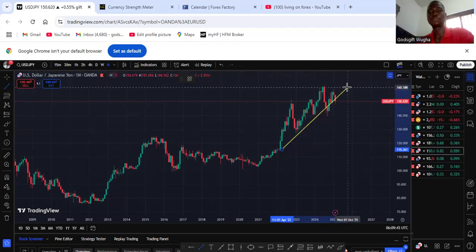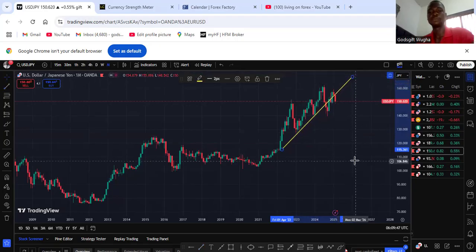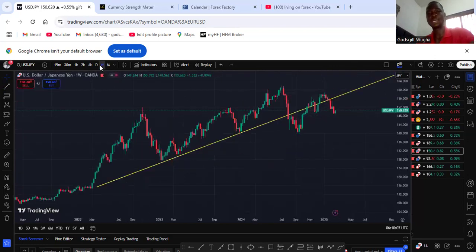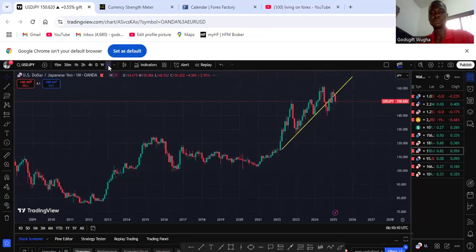So from what I'm seeing here, this market has changed direction. It was in a bullish move, and then it broke this, and then it broke this. So it has broken the trend. So it's about to start a bearish phase. However, I will show you why I said it is broken and it's going down.